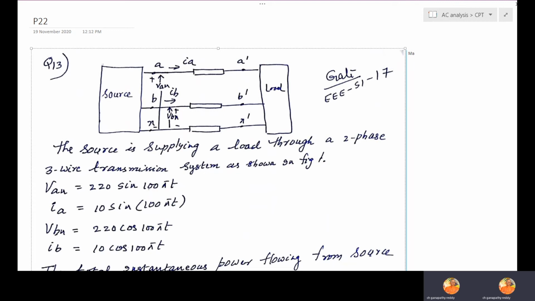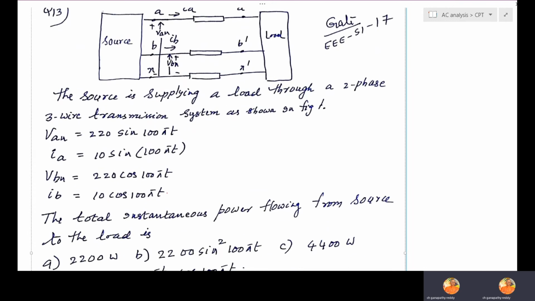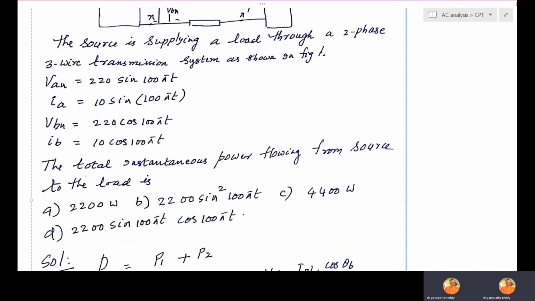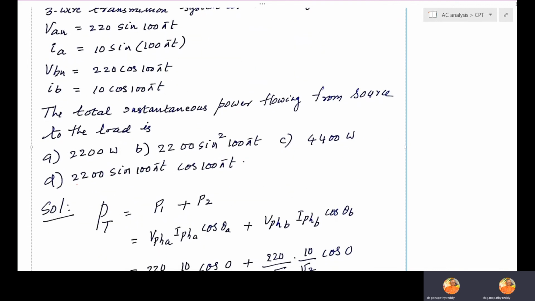VAN is 220 sin 100 pi t, current IA is 10 sin 100 pi t, VBN, voltage in B with respect to N, neutral, is 220 cos 100 pi t, IB is 10 cos 100 pi t. It is asking for the total instantaneous power flowing from source to the load. ABCD options are given.